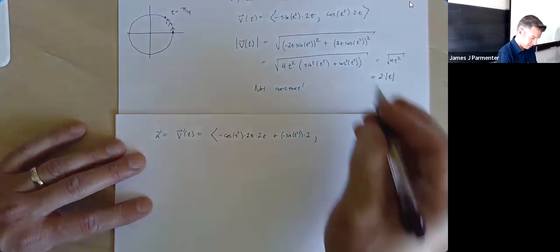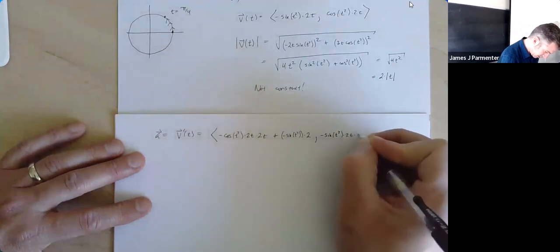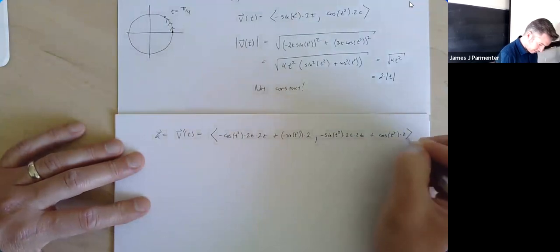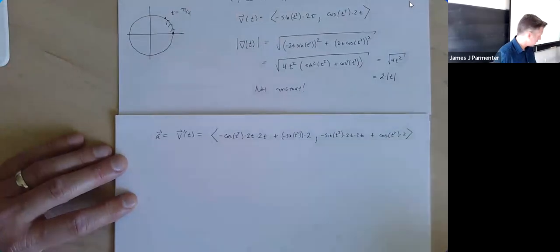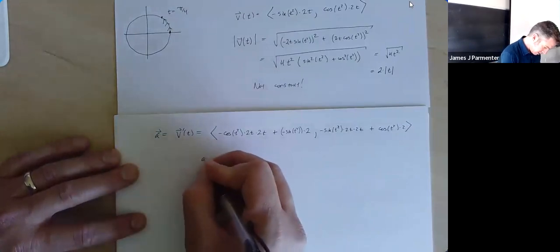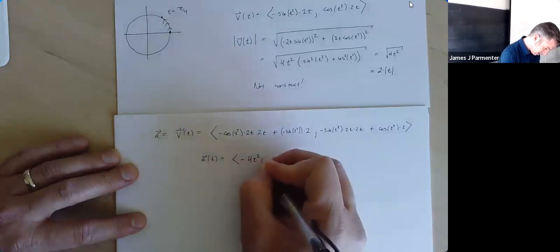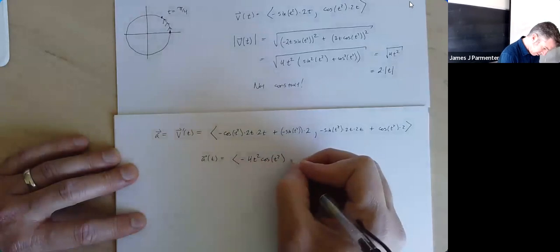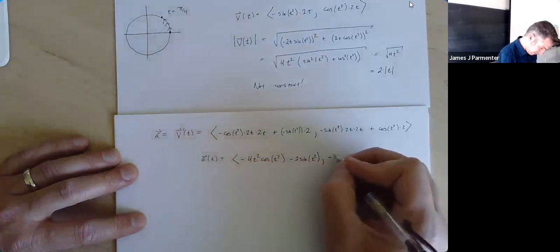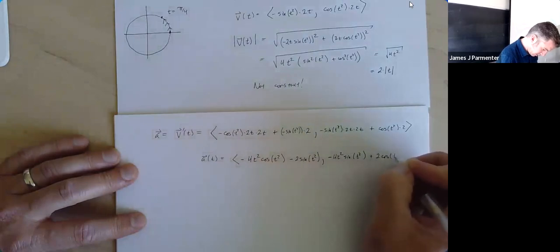Comma, then we do the other part here. The derivative of cosine of t squared is negative sine of t squared times 2t, times 2t, plus cosine of t squared times 2. It's gross. I would probably simplify this a little bit. So a of t is going to equal negative 4t squared cosine of t squared minus 2 sine of t squared, comma, and then we have negative 4t squared sine of t squared plus 2 cosine of t squared.